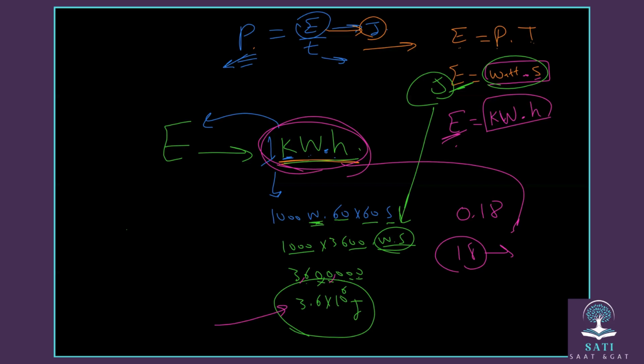So when we use this amount of energy, 3,600,000 joules as electricity in our homes, we pay 18 halala for each. And it's different from place to place, from year to year, and from country to country, how much you need to pay for electricity for each unit of energy, which is kilowatt hour.